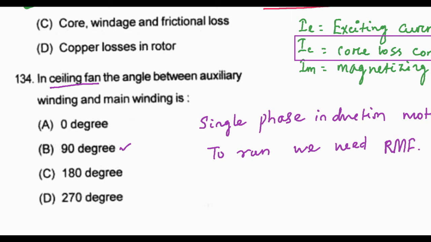As we have a single phase, we have to split this phase into two windings, physically displaced. This can be 90 degree, to form a rotating magnetic field. So this is 90 degree.